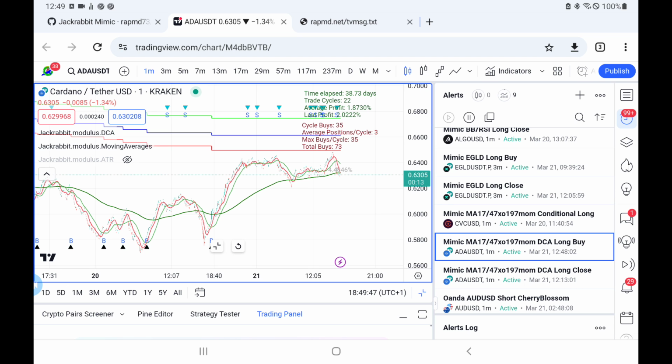Mimic is open source. You can verify your data with an open source product. You can do so safely on your own VPS. You're not limited by the number of pairs you can trade. You're not limited by how many trades per day you can take. You can take as much as your exchange allows.